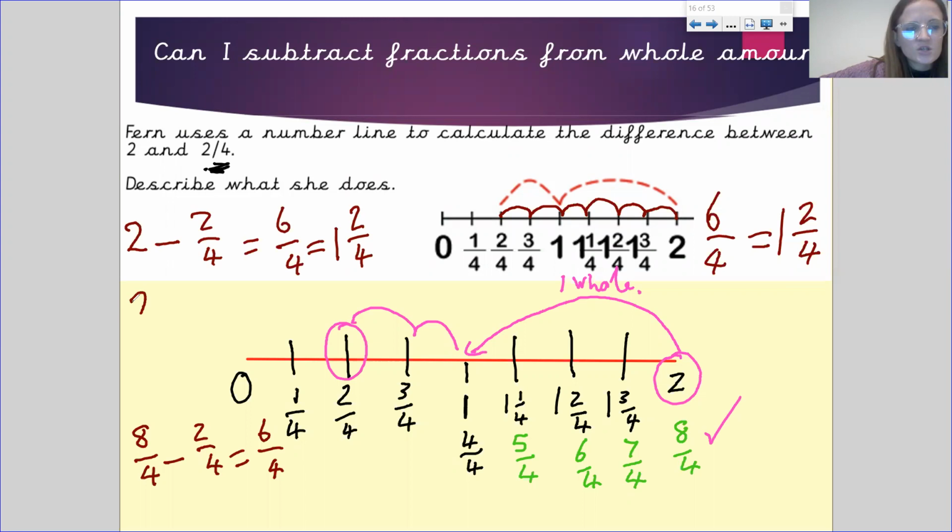Or you could say 2 minus 1 and 2/4 will give me 2/4. Okay, so either one of those is correct. But now we can see that the difference between the two numbers is 6/4 or 1 and 2/4.